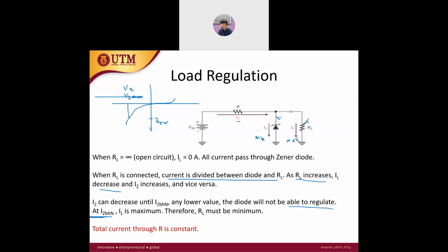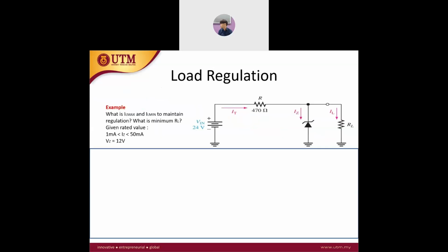In order to have IL maximum, you need a much smaller load resistor, which is minimum. The total current through R is constant because it is not being split. It is a current limiting resistor before the circuit of the Zener diode with the load resistance.